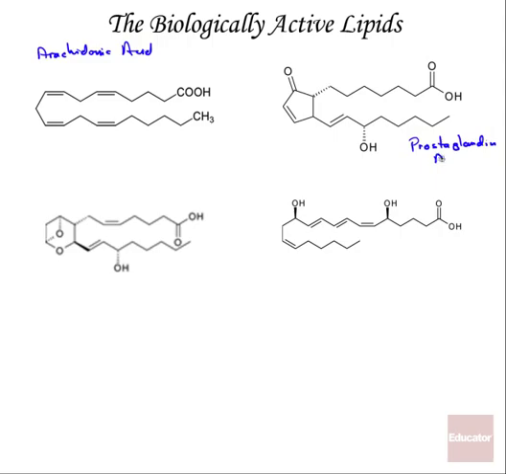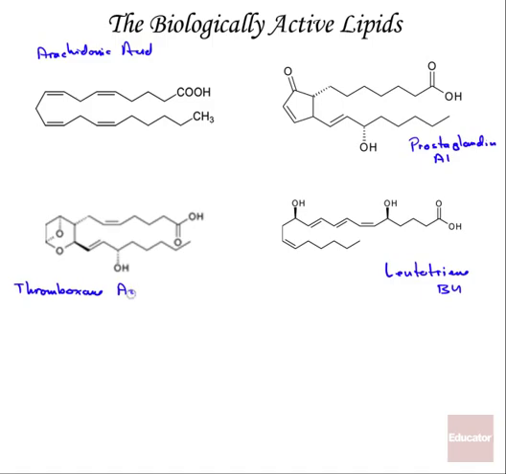This happens to be prostaglandin A1, I think. Yes, A1. And then over here we have the thromboxane. I'll go ahead and list some properties for each of these. And here we have the leukotriene. And of course, triene. Yes, you've got your conjugated triple bond, which is one of the characteristics. This happens to be leukotriene B4, and this is thromboxane A2.